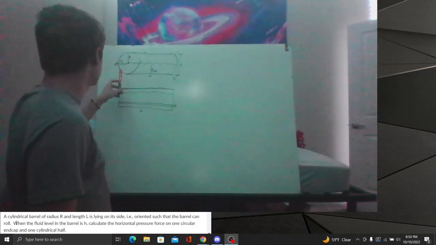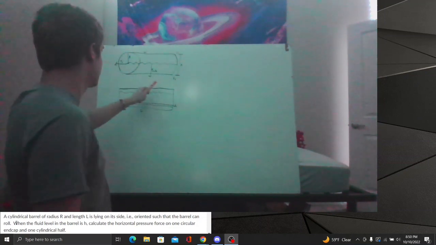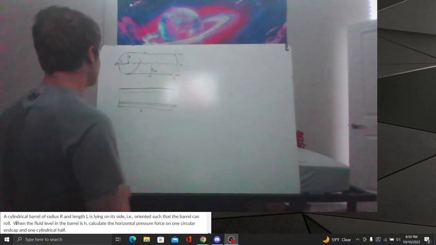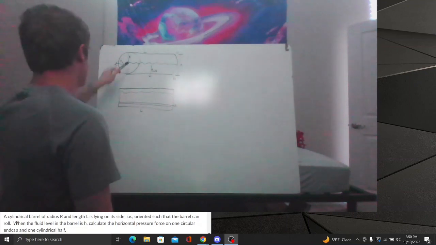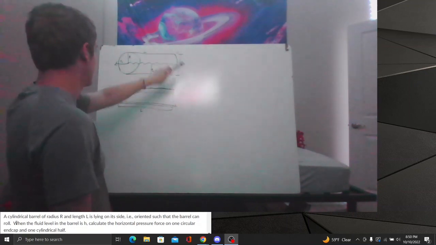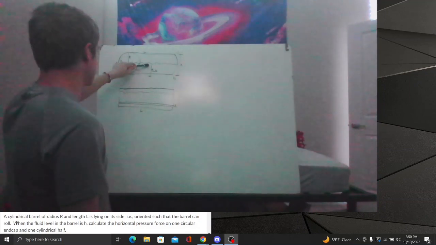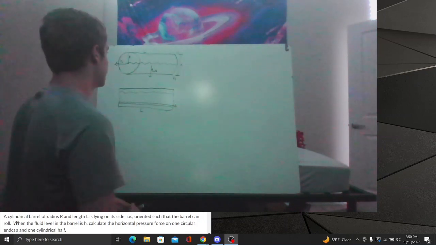To start off, this is our cylinder here with a height of h, length of L, and a radius of r. We have our liquid here, which is exerting a force on our cylindrical half here, and then the circular end caps as well.